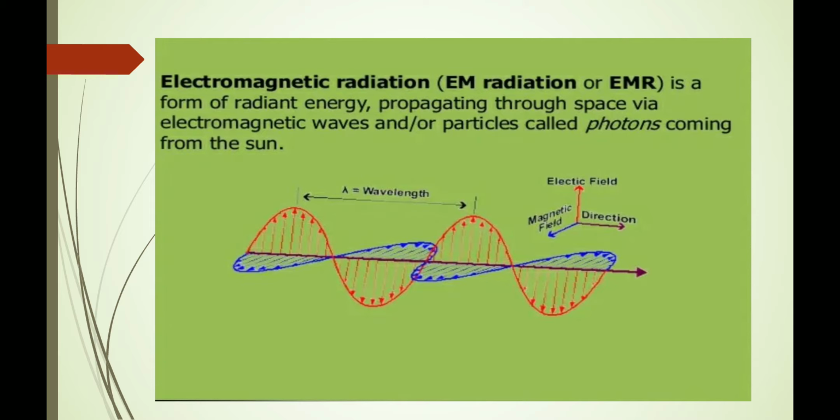Electromagnetic radiation, here we can read, EM radiation or EMR, is a form of radiant energy propagating through space via electromagnetic waves and particles called photons coming from the sun. Here is a diagram of EMR.